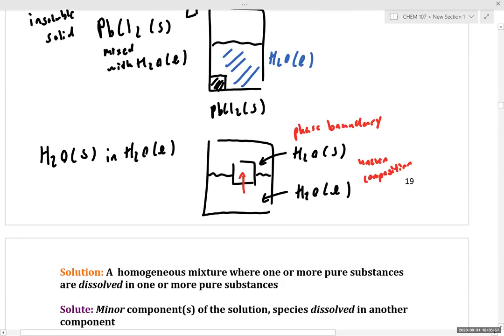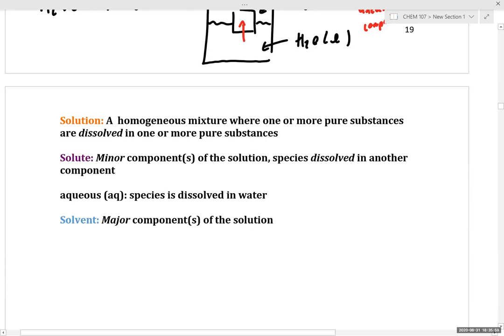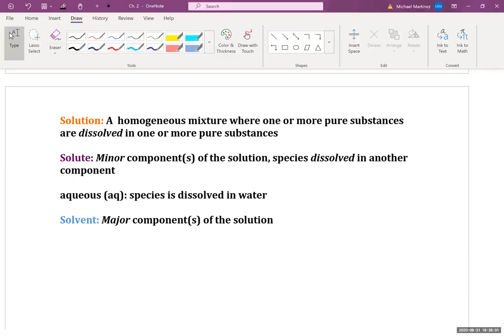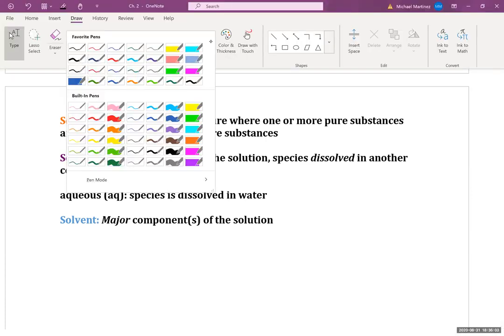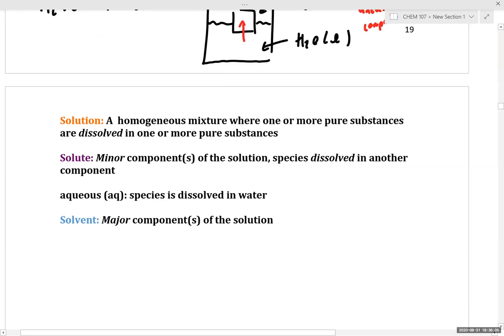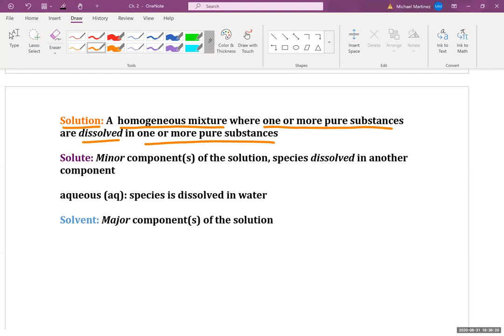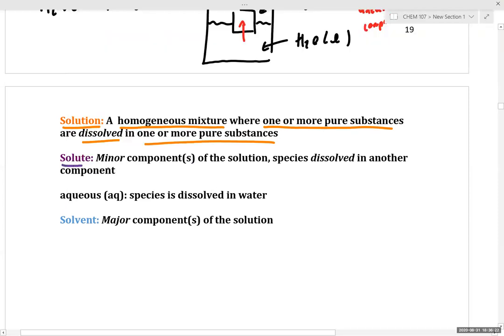Okay, so let's keep going now and let's talk about the most common subtype of mixture, which is a solution. So a solution is formally defined as a homogeneous mixture where one or more pure substances are dissolved in another set of pure substances. We call the solute the minor component of the solution.